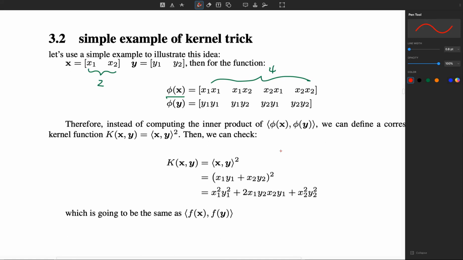Does anyone know the name? Anyway, there's a guy called Alex Smola. Alex Smola is German, but at a very young age he went to Australia. I think after his postdoc, he went to Australia, and he has established pretty much the whole machine learning research community in Australia.